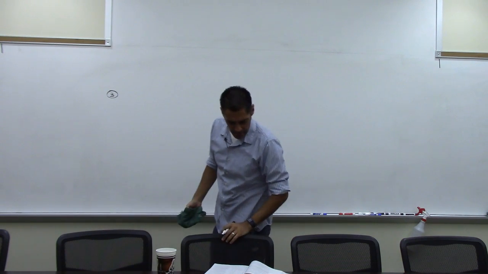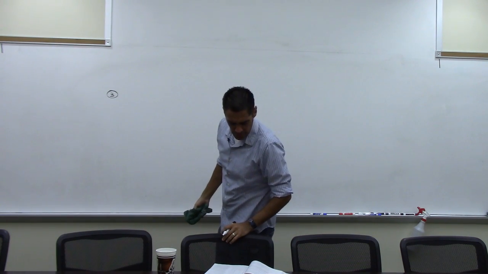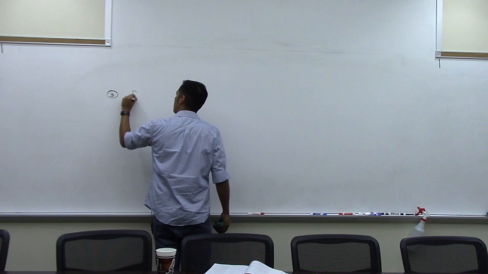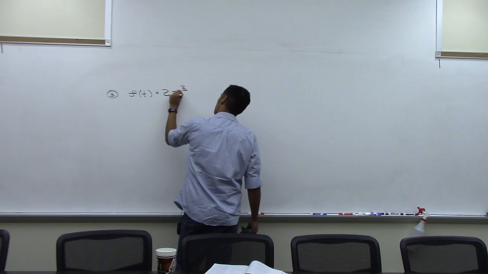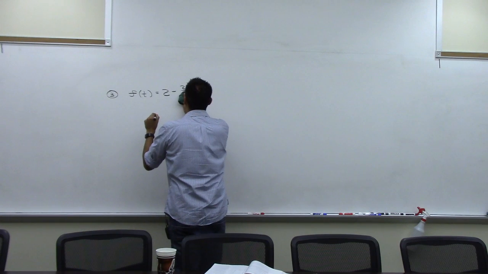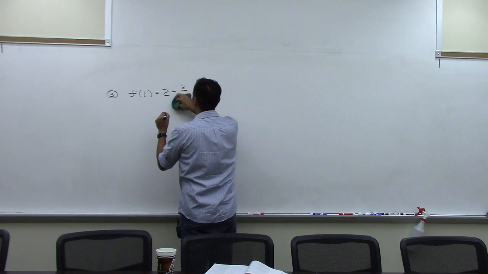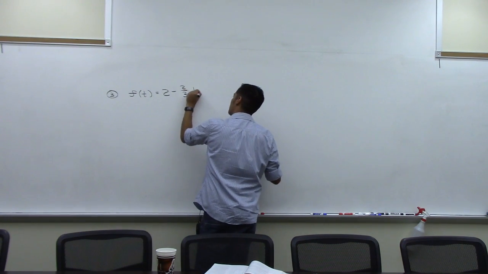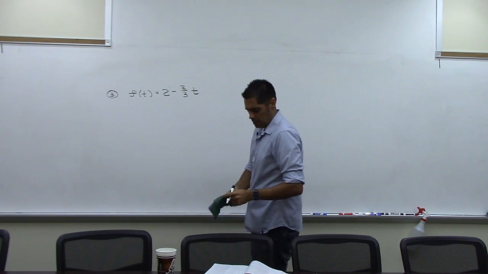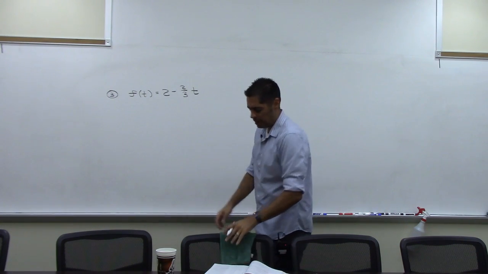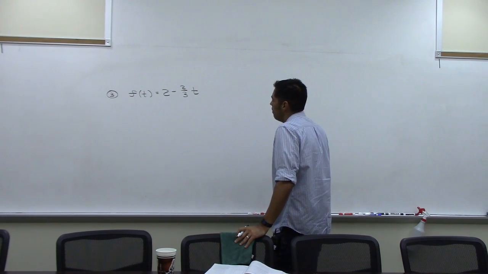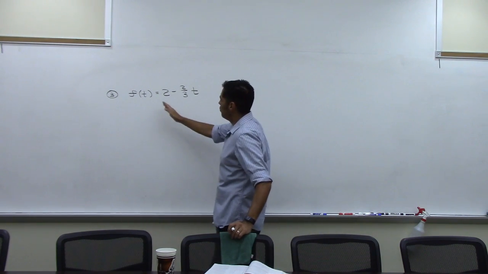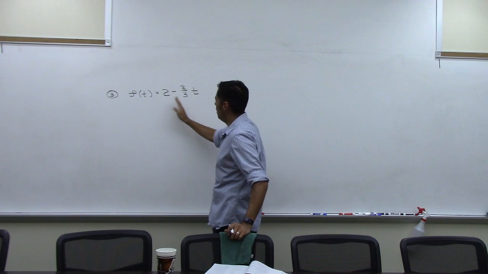We have f of t is 2 minus 2/3 t. All right, now we get to start using some of the rules here. So we have a function that is the difference of two functions.